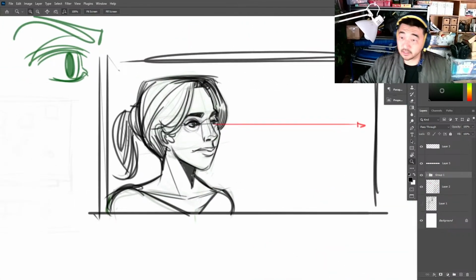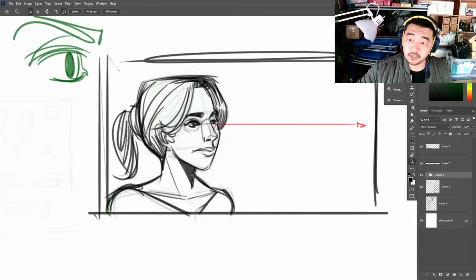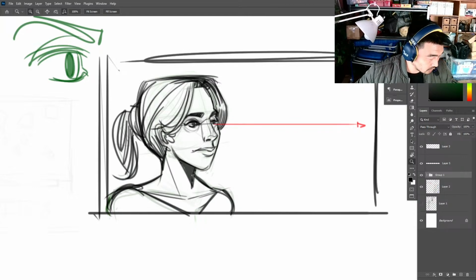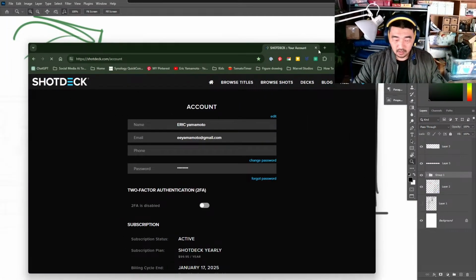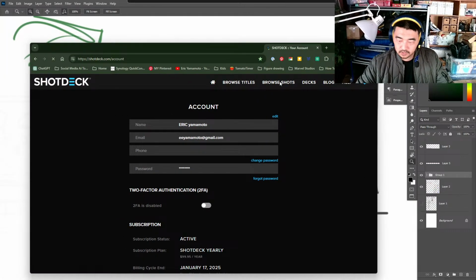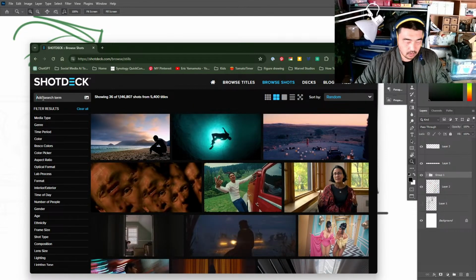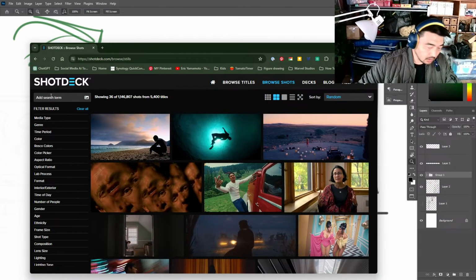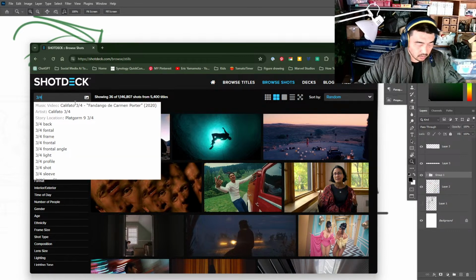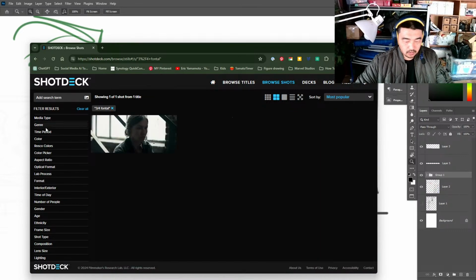Wow, I do not like that face. All right, so what I'm going to do now, let's go over to ShotDeck. I know I'm doing this a little bit out of order, but let's look for a 3/4 frontal shot.